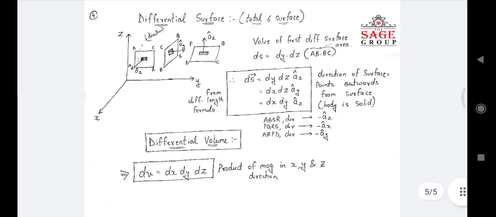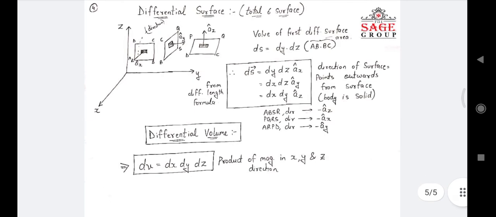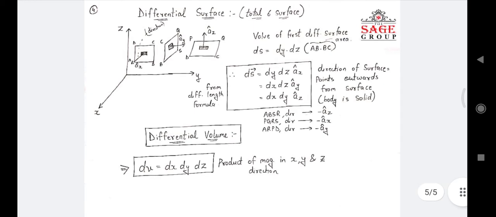If you are multiplying dx into dz, what is the third axis left? ay, so ay will be the unit vector. If you are multiplying dx dy, what is the third axis left? The az vector. And I have already told you that the direction of the surface points outward from the surface. We have assumed that the body is solid, so what is the direction?